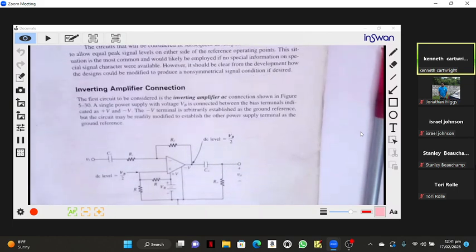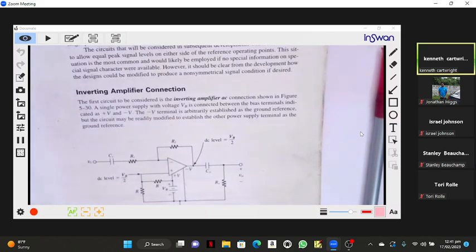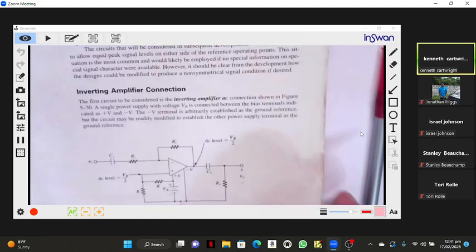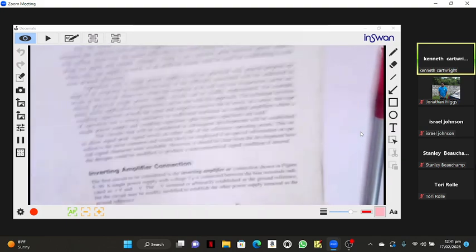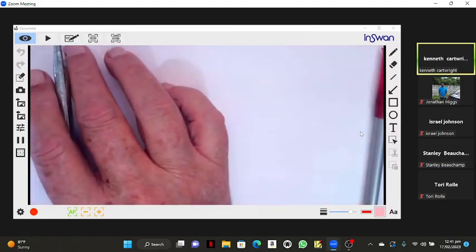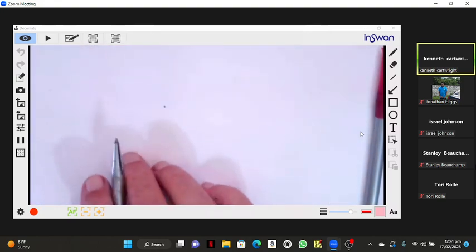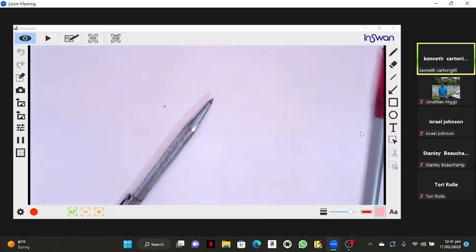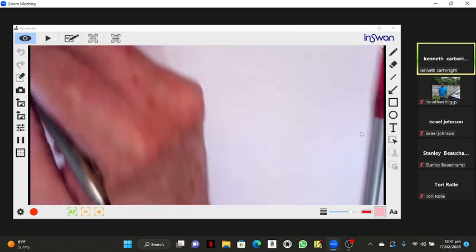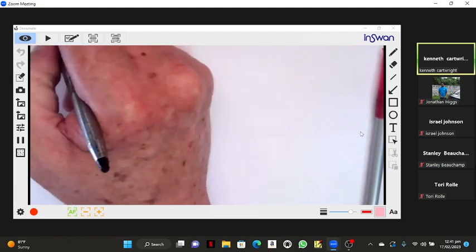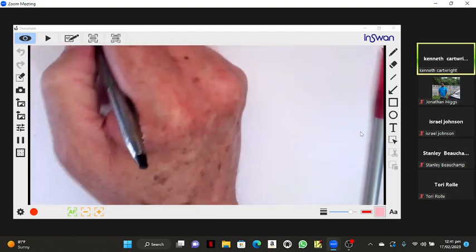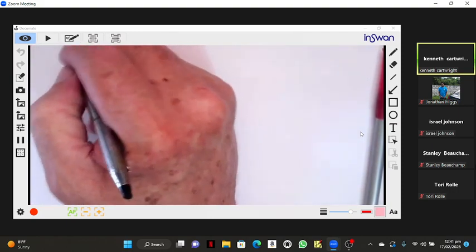No, it's not. We want to use the lowest frequency. We want to choose CO for the lowest frequency, because the lower the frequency, the higher the reactance. And we want the reactance to be below RO over 10. So CO is greater than or equal to 10 over 2 pi FL RO.